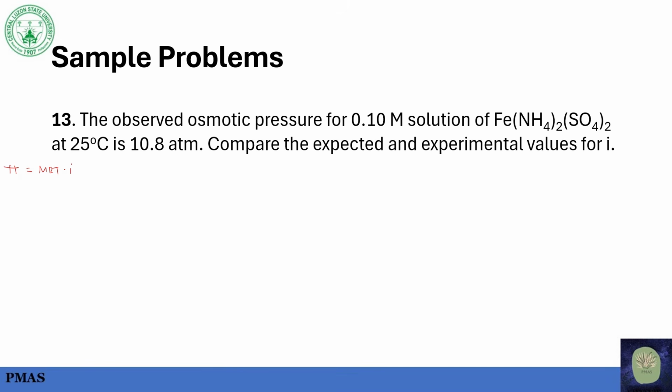Okay? Now to solve for i, we can divide by mR and then T. Now to solve for the Van't Hoff factor i, we have the osmotic pressure divided by the molarity, R, and temperature.